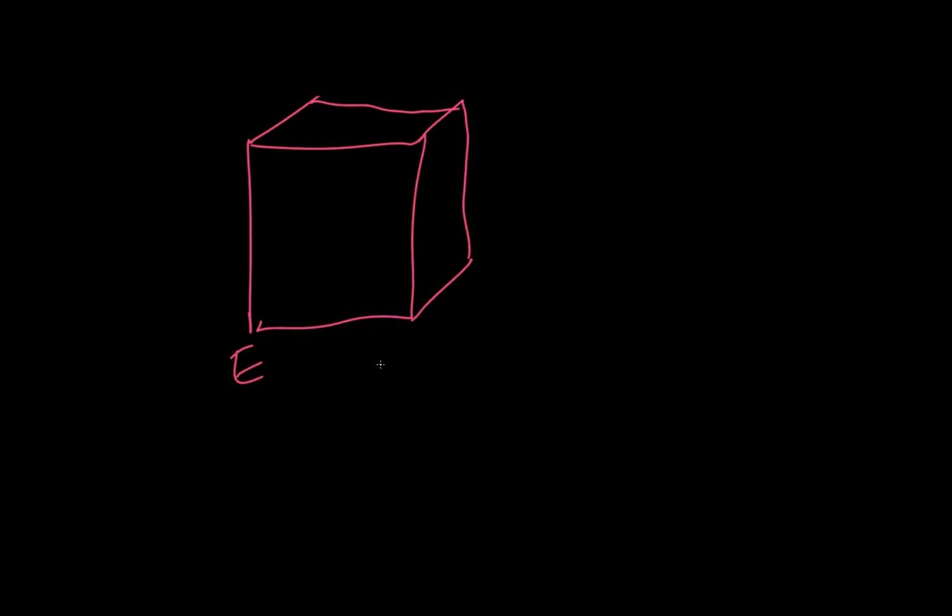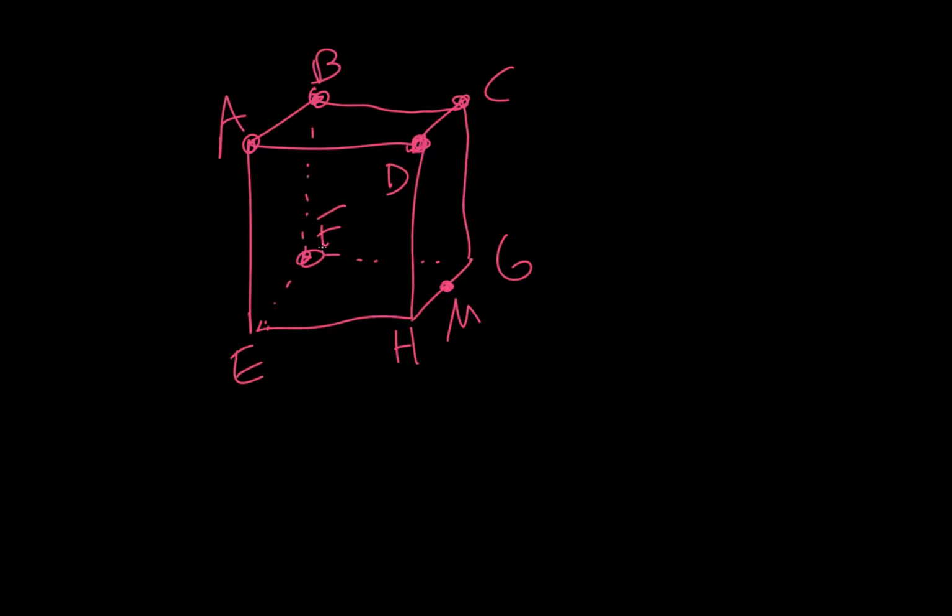So E, H, M, G, D, C, B, A. And this one's F. Okay, I think I got all those. So it says that all the side lengths are 12, and M is the midpoint of these two, so those are the same distance. So HM would be 6, and MG would also be 6.